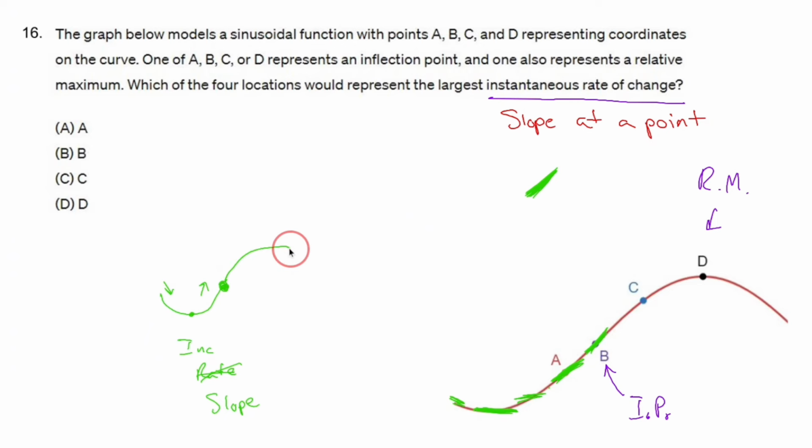Now it starts decreasing. So if we are riding a roller coaster, we are at its maximum slope here, and then it starts leveling out and has a zero here. So the maximum slope is going to happen at an inflection point. Okay, so the answer in this case is going to be B.